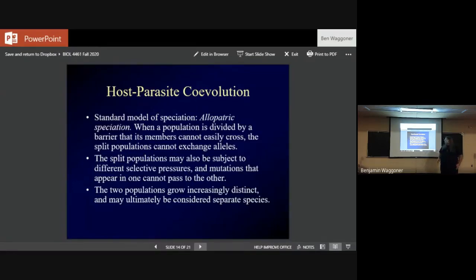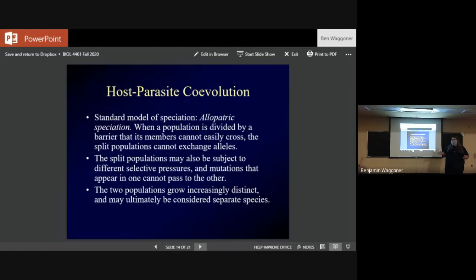Once those populations are split, they can't exchange alleles. So any new allele that appears in one population won't make it to the other. The split populations may be subject to different selective pressures if the environments are different on either side of the barrier.